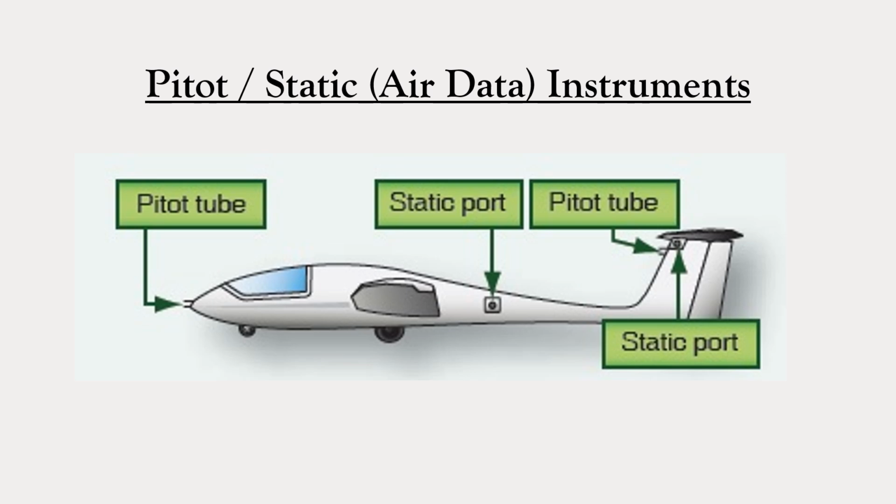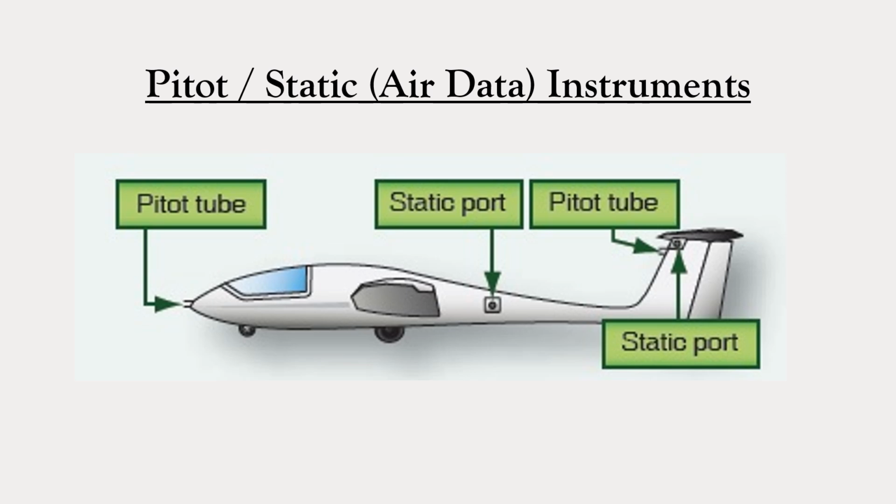The other sensor is a pitot tube. The pitot tube is trying to measure the pressure of air as if it was moving along at the same speed as a glider and then was brought to a stop, which would be a higher pressure. That's called the total pressure. So common places to see a pitot tube, the most common place on a glider is on a little stick sticking out from the front of the tail.